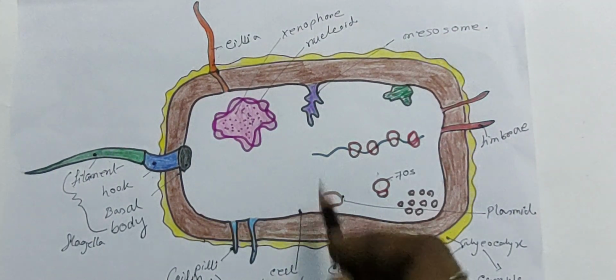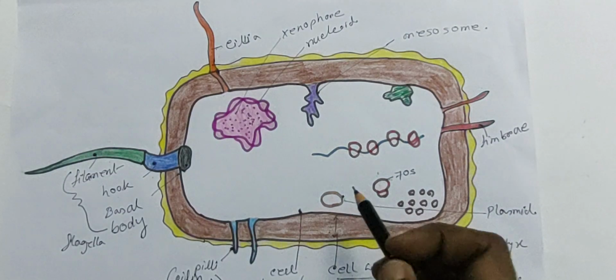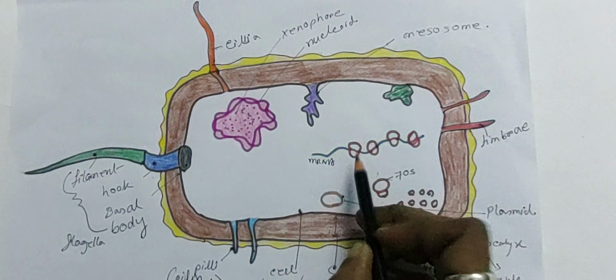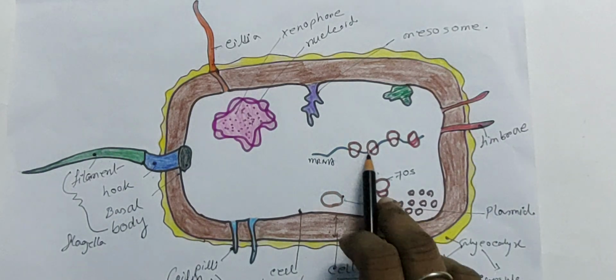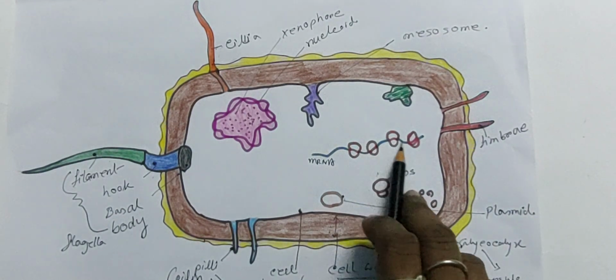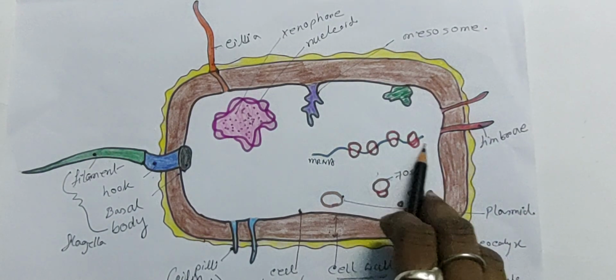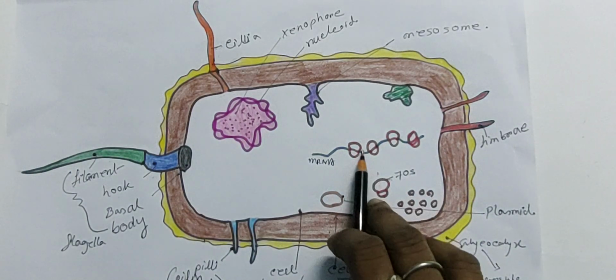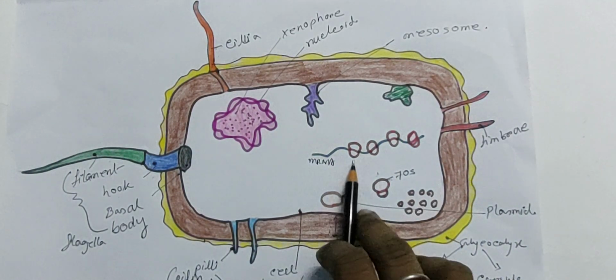One thing we can find in the prokaryotic cell is that on the mRNA, more than one ribosome can attach and form a polyribosome, or polysome. That structure we can find in the prokaryotic cell.